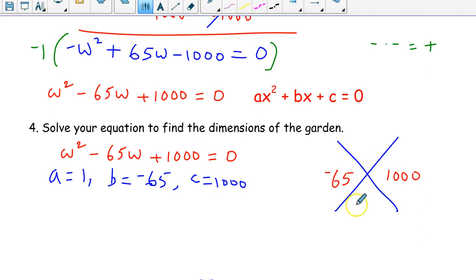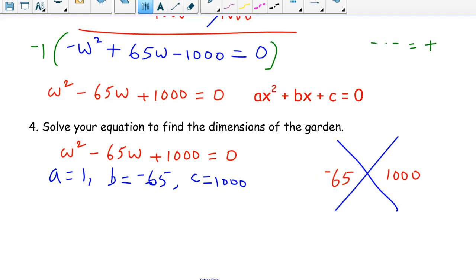Now, because the product is positive 1000, you know that both the first and second number have to be negative, so that the sum becomes negative 65 and the product is positive 1000.